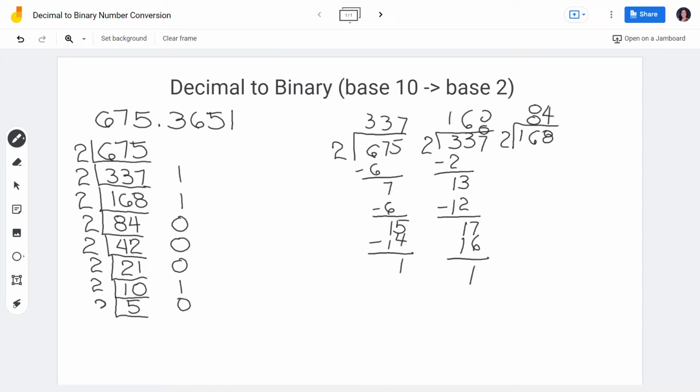Then 5 divided by 2 is 2, remainder 1 because 5 is an odd number. And then 2 divided by 2 is 1, and since 2 is an even number, the remainder is 0.